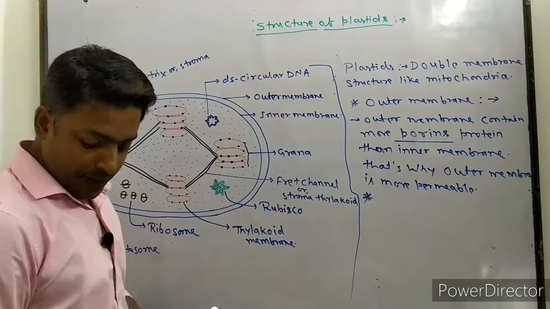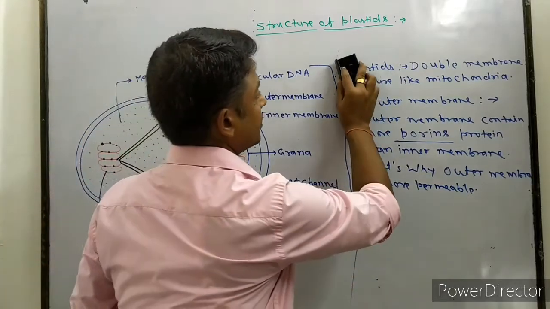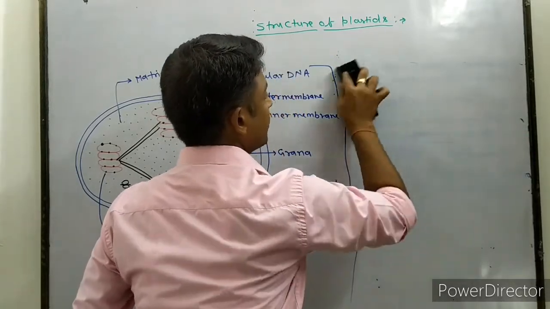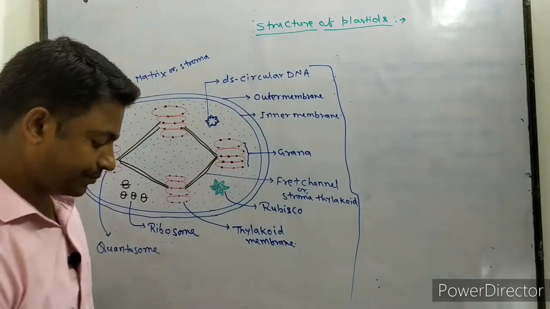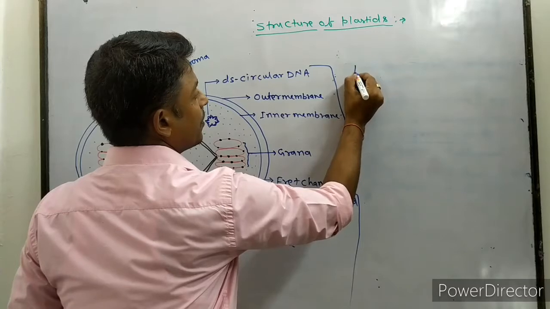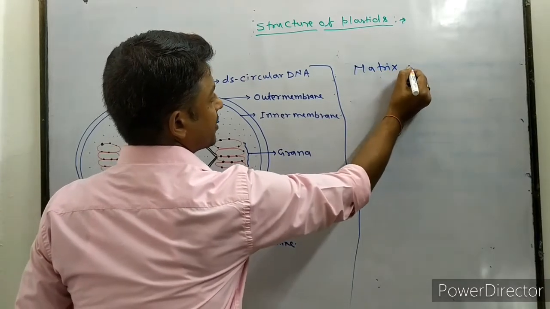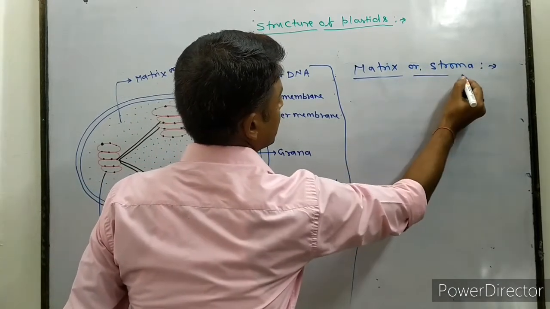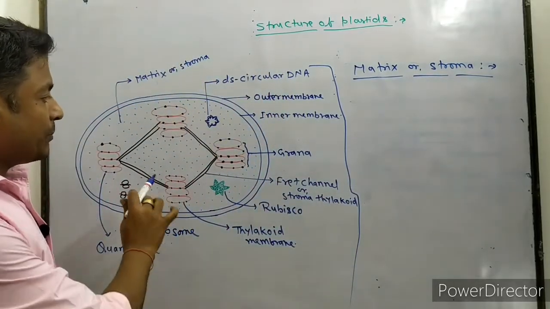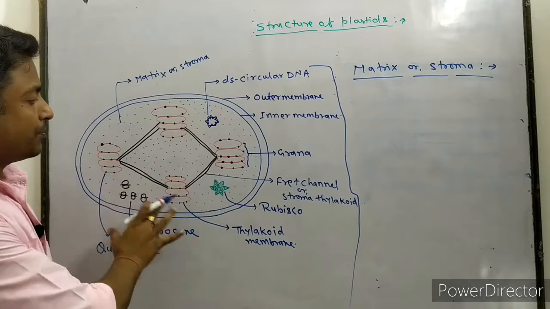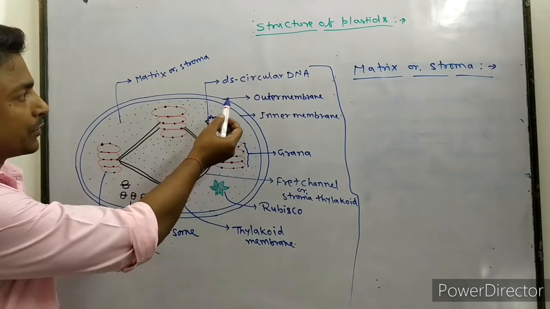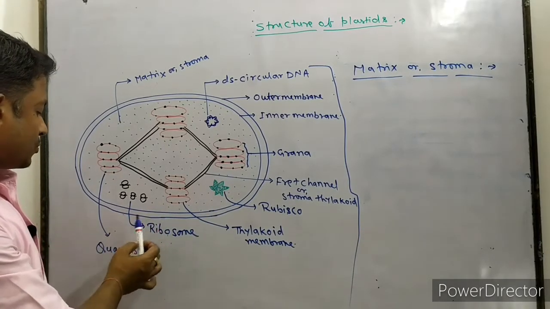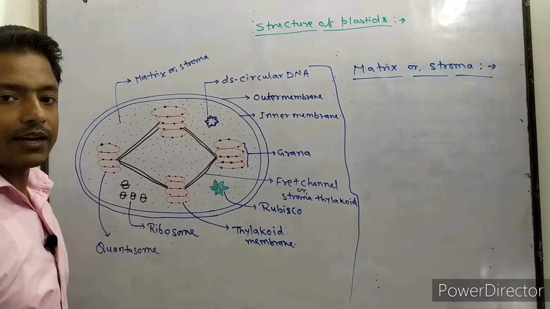Okay, next one is matrix or stroma. All parts of the plastids are present in stroma, like double circular DNA, grana, Rubisco, thylakoid membrane, ribosome, quantosome, Fred channel, stroma thylakoid.